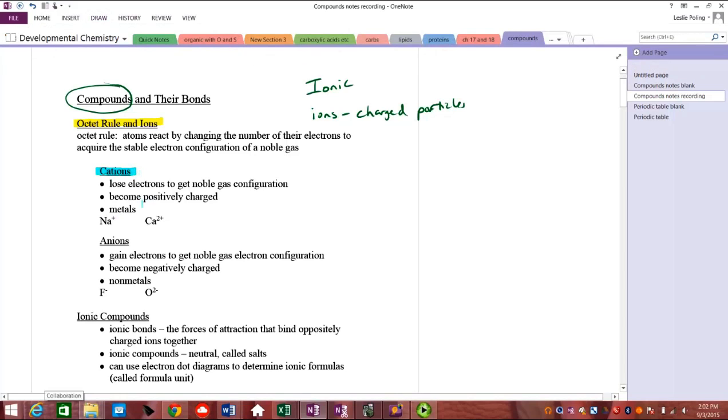Cations are positive, and they are metals, and they lose electrons. So let's look at sodium. And it had an electron arrangement of this.